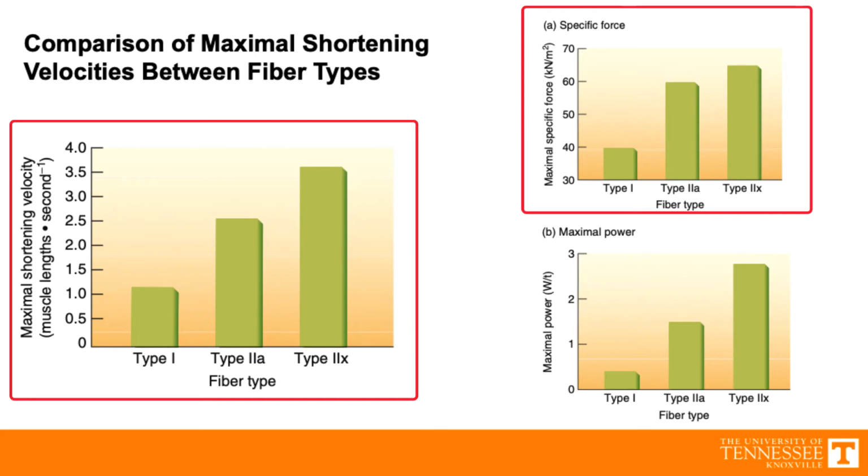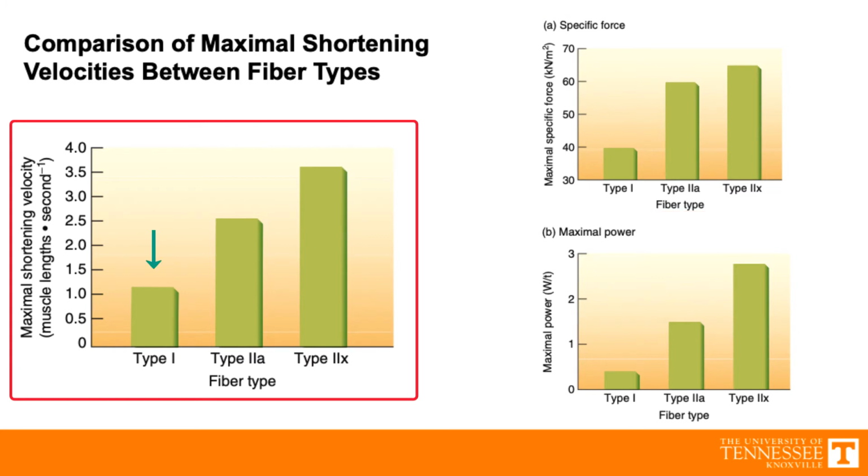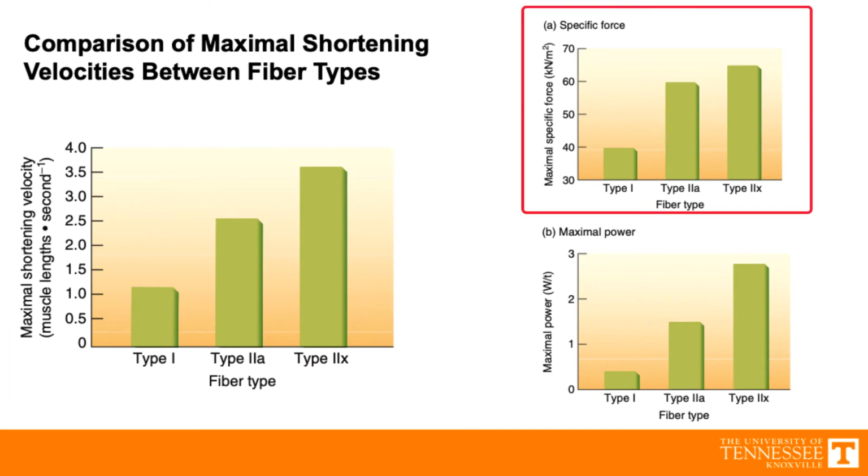So if you look at these graphs, you'll see on the left-hand side that we have the shortening velocity, and type 1 are our slowest, and type 2X are our fastest in their ability to shorten. That same pattern holds true when we look at force in the upper right-hand corner. So our type 1 fibers that are our smaller fiber types, they create the smallest forces, and then our biggest fibers, our type 2X, create the strongest forces.